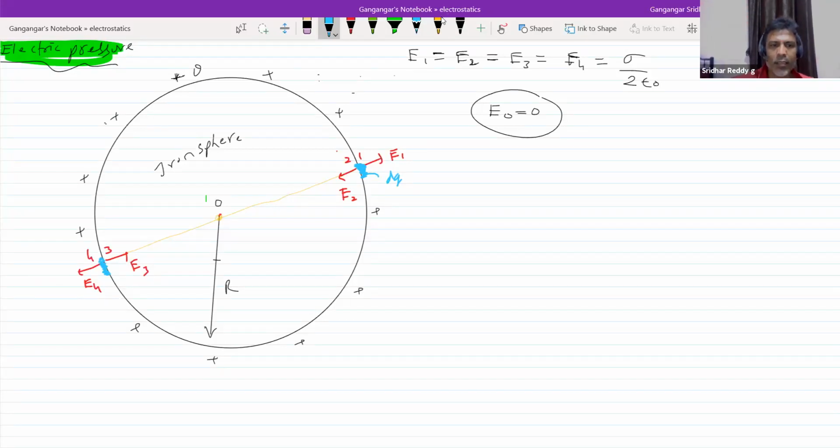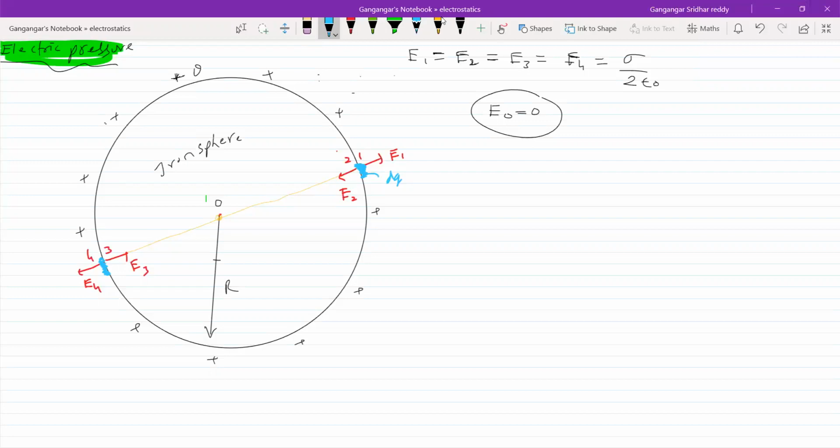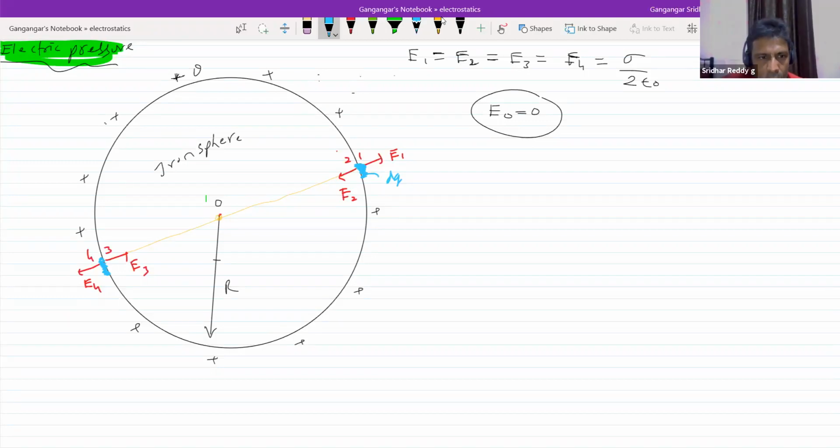As it is. The charge present at 1 will experience a force due to field E3. Similarly, the charge present at 4 will experience a force due to field E2. So I'm going to calculate that particular force here. The charge will not reside inside the conductor. So therefore, I'm showing the charge only on the outer surface here.